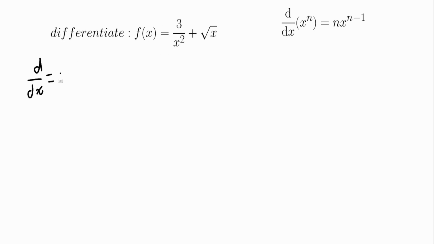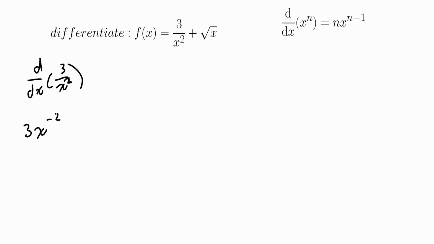So the derivative of 3 over x squared. So when we have a rational function, it's a good idea to turn it into a negative exponent, so it's easier to apply the rule. So if we want x squared to be a negative exponent, it's simply going to be 3 times x to the negative 2. Okay?